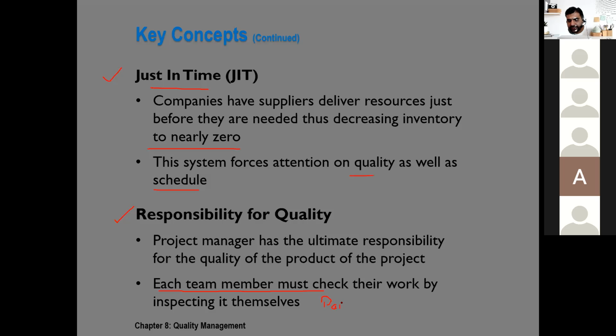Pair work is a fantastic technique that started initially in the software industry, but now many industries are using pair work instead of one person doing the work and after that someone else checking. In fact, two persons physically sit together and work on one work package, on one activity. One is doing, other is assuring quality.